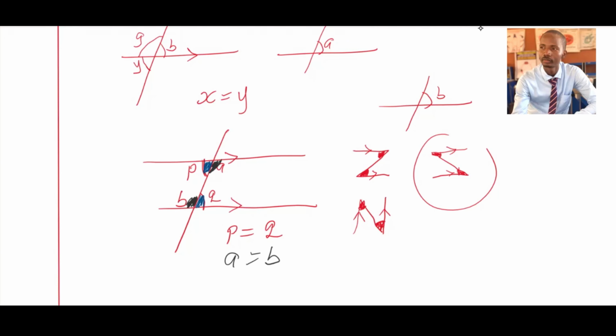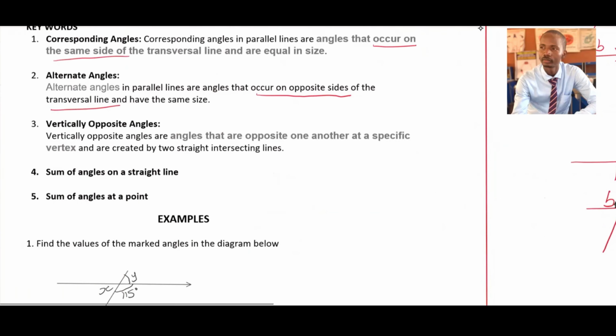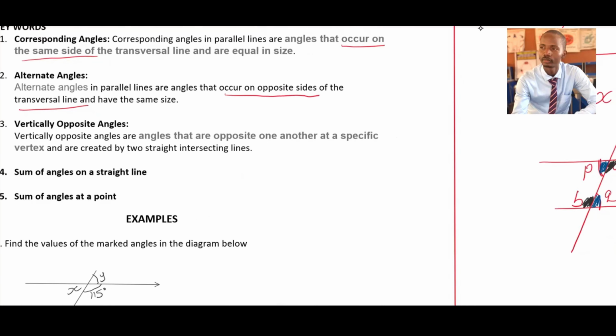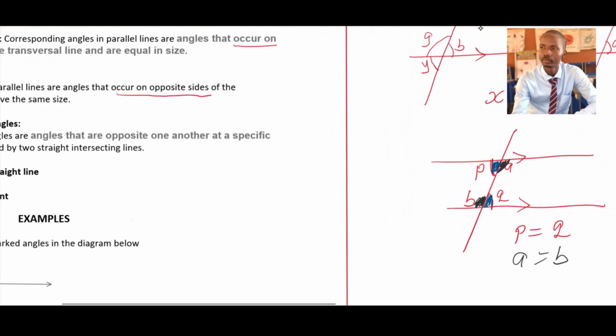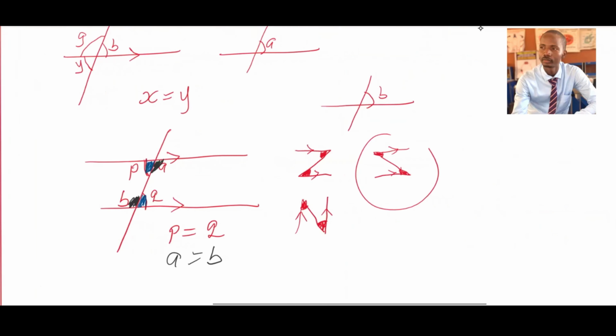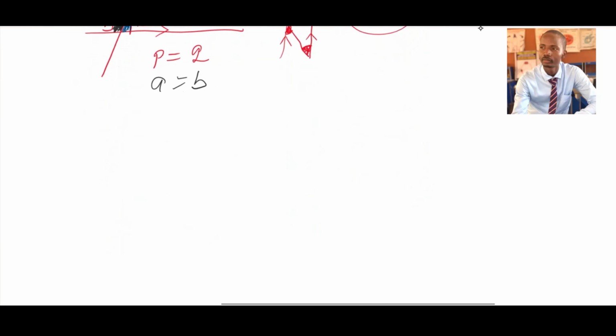All right, moving on to vertically opposite angles. They are opposite one another at a specific vertex, and they are created by two straight intersecting lines. For example, I have a line like this, I have another line, they are intersecting. Now, this is the vertex.